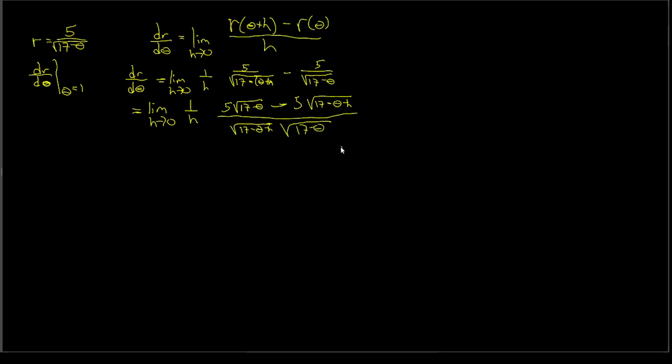And so now our problem is here. This is where if I take the limit, I'm going to get division by 0. And so what I want to do is liberate this h from here, and we do that by multiplying by the conjugate.